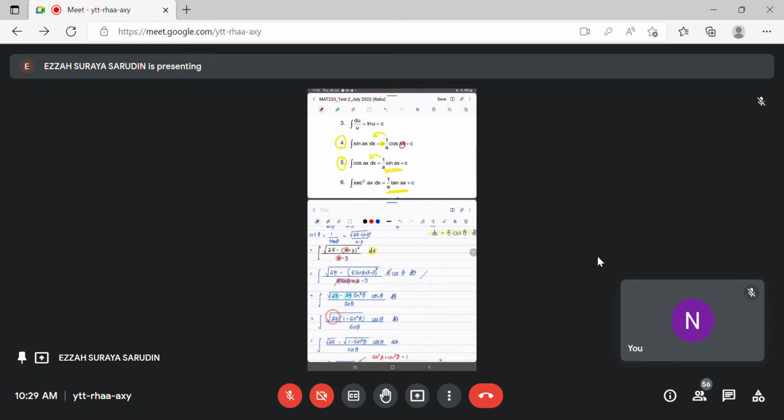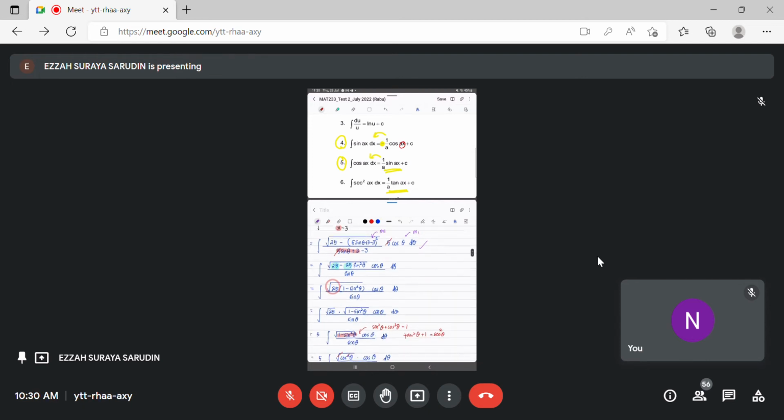2, kadang-kadang dia boleh bagi bila you substitute the right X into the right position, dia akan dapat 1 markah. Bila you masukkan DX ni betul, akan dapat 1 lagi markah. Dia 1 ataupun 2. Okay, tapi most of the time, untuk MNT 233, dia akan dapat 1 markah lah. Bila semua ni betul.